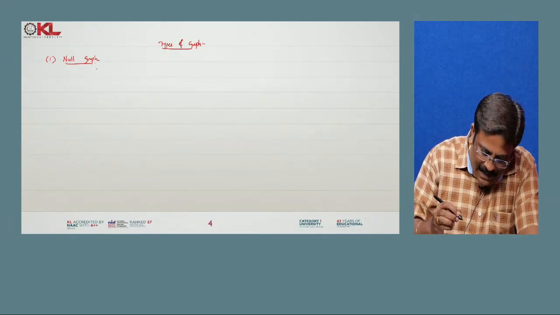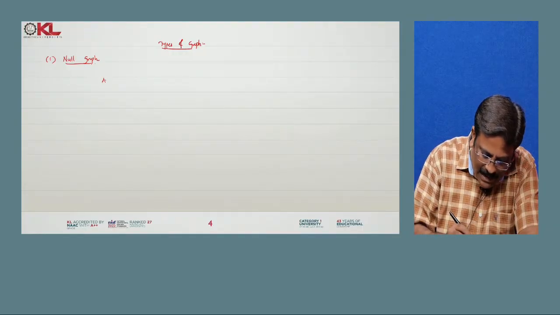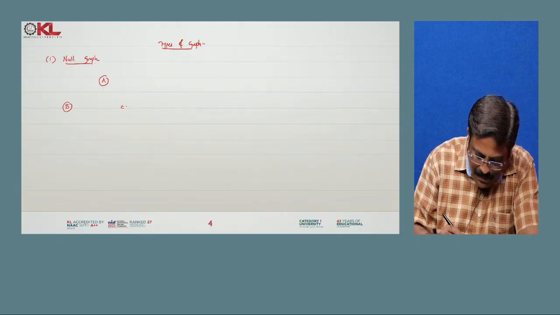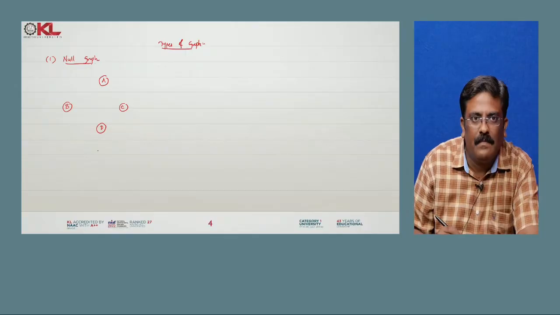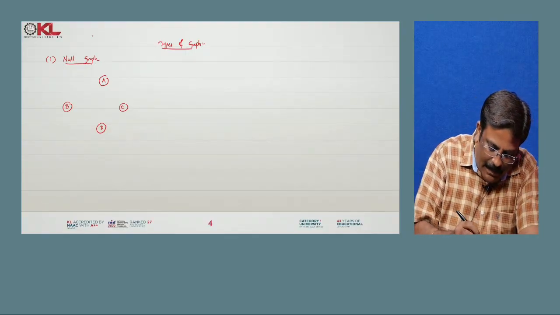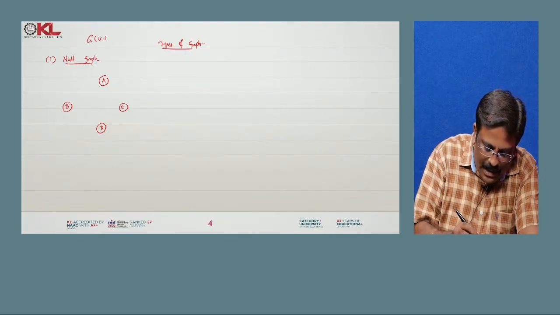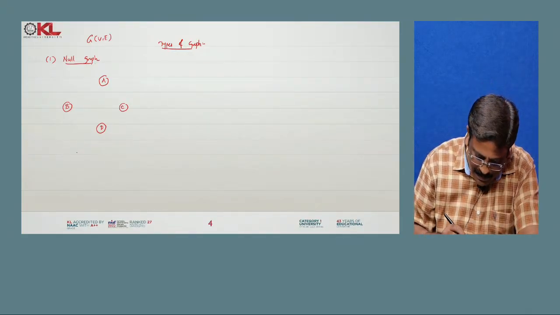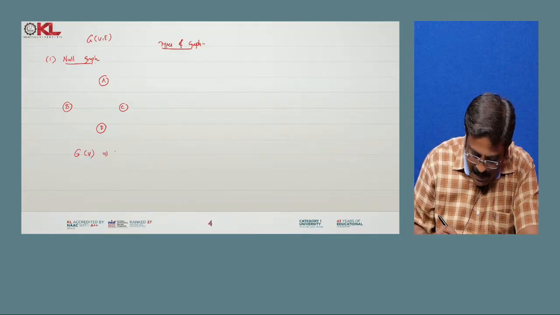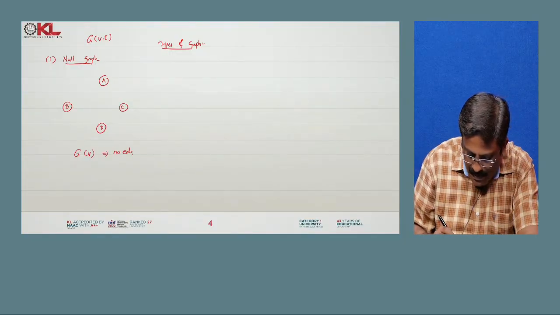What does the null graph say? Let's say for example, this is node A, node B, node C, and node D. All of us know that a graph can be represented as G(V, E). But a null graph can be represented as G(V), meaning there are no edges.